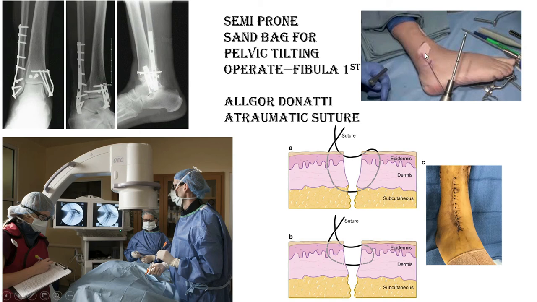For this reason the chance of skin breakdown is very high, and blistering is very high. So if you operate after the wrinkle sign appears over the ankle, then you will be safe. Otherwise, you have to wait for a few days.